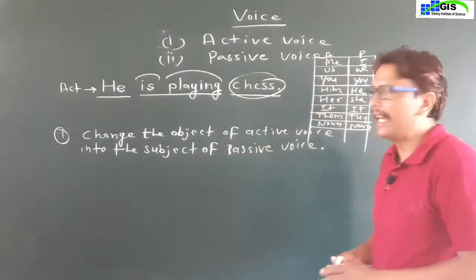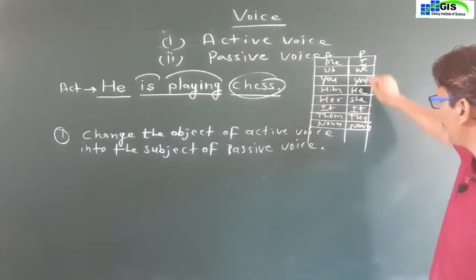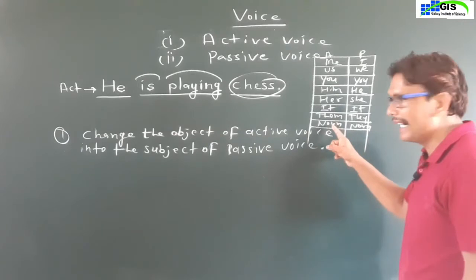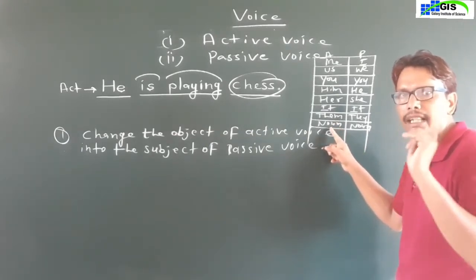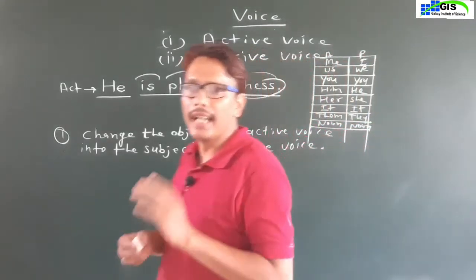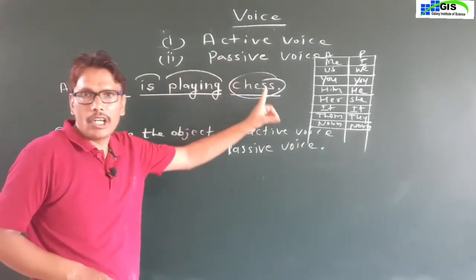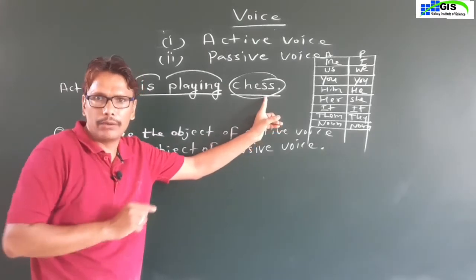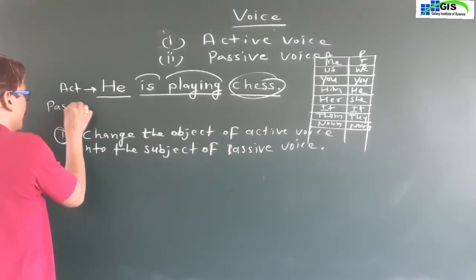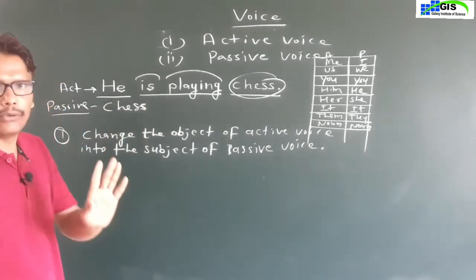If you find any objective pronoun in active voice, then change it into the subjective pronoun of passive voice. But if you do not get any pronoun, then you will get a noun. If you get a noun in an active voice sentence, then write the noun in the passive voice sentence. Here the object is not a pronoun, it is a noun. So we will write the noun, meaning chess. This is the first rule.